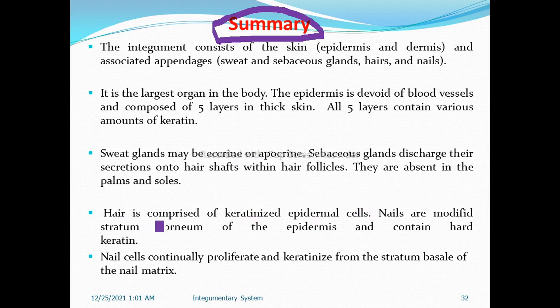Nails also contain modified stratum corneum of the epidermis and contain hard keratin. Nail cells continually proliferate and keratinize from the stratum basale of the nail matrix. So the nail matrix produces new nail cells in the stratum basale and replaces the former ones. This is all about the integumentary system.